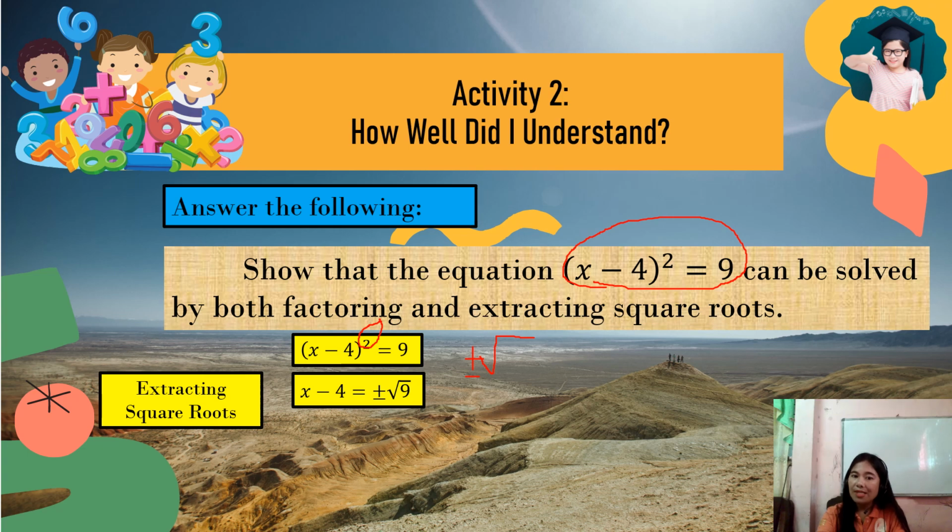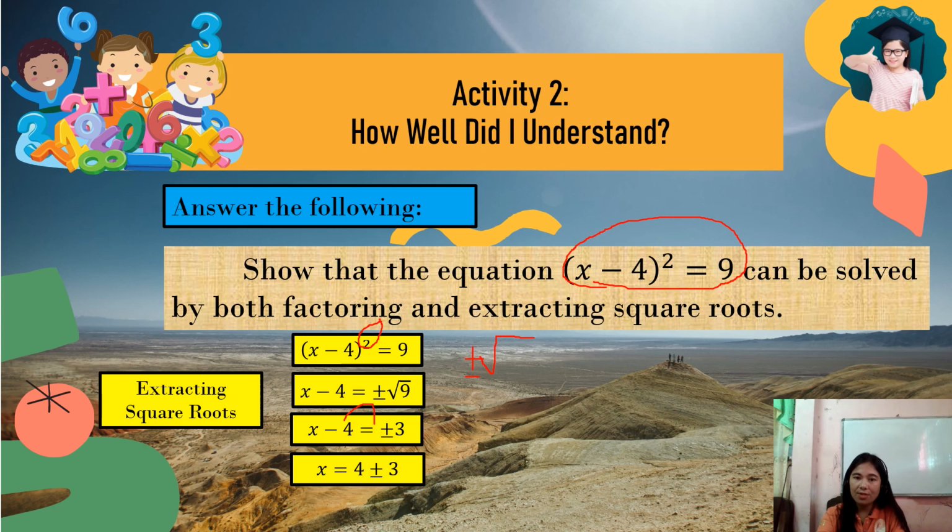Now, take out the square root of 9. That is 3. So we have positive and negative 3. Then we transpose negative 4 to the other side, making it 4 plus and minus 3.